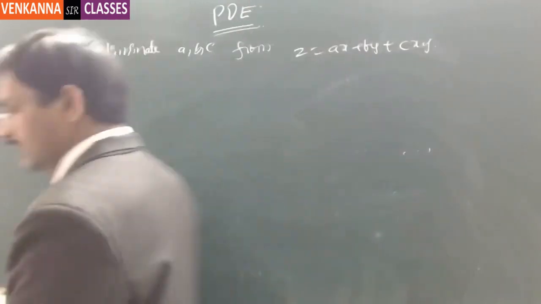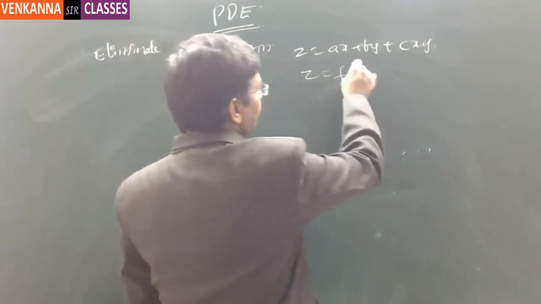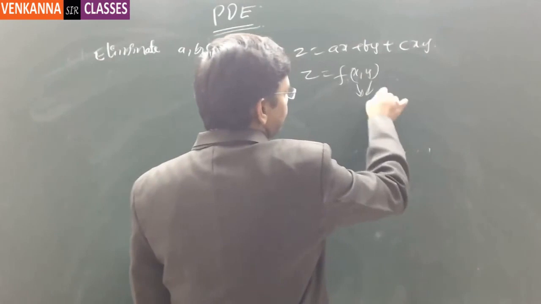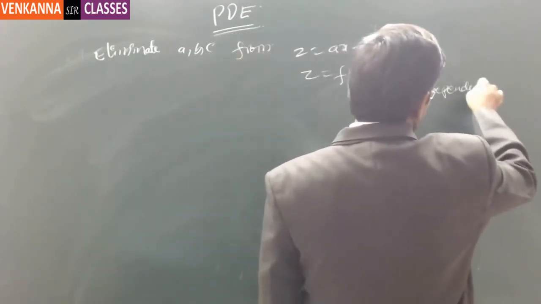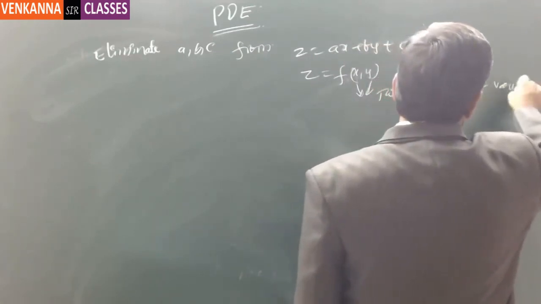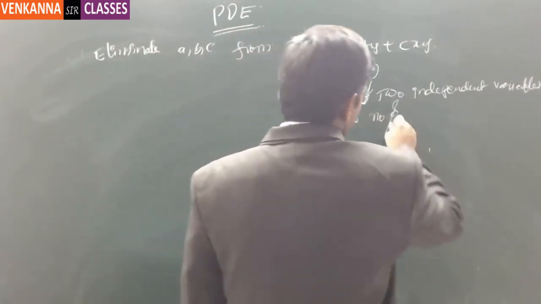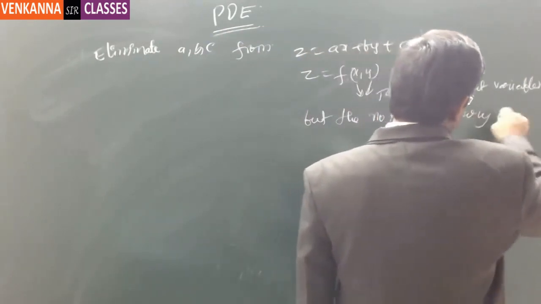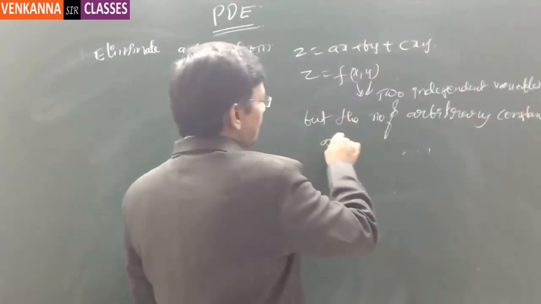Now here z is a function of x comma y, so two independent variables, but the number of arbitrary constants are more than 2.